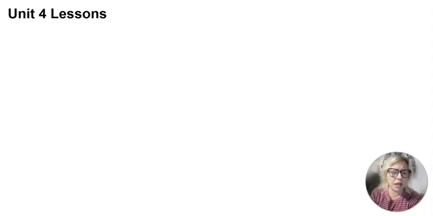All right, so let me explain how this unit is going to work. We only have 13 days left, might vary a little bit, I guess. So we have a little over 2 weeks of class left for the semester.